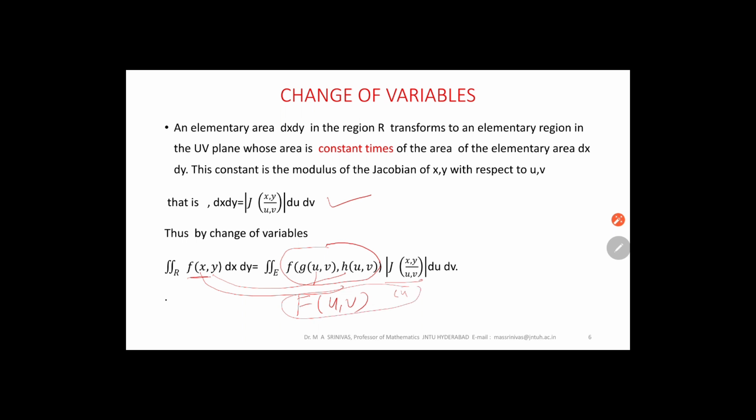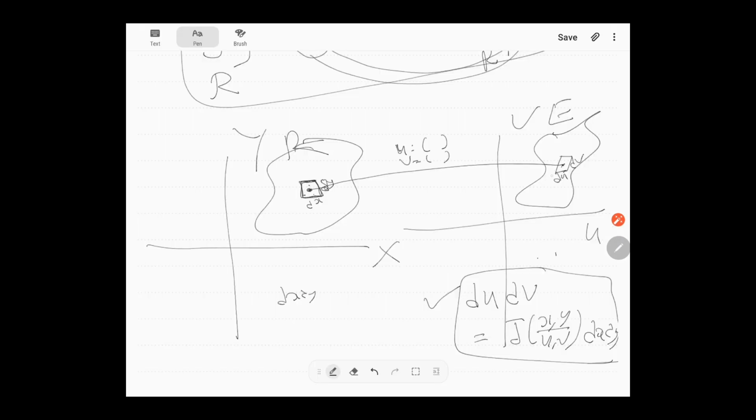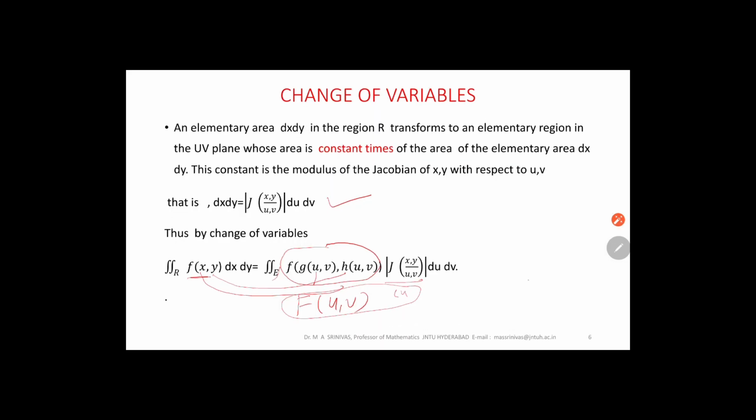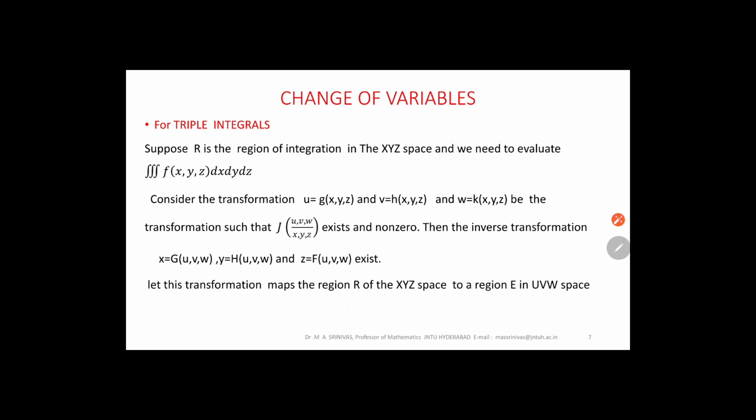So this entire one is a function of uv, times du dv. The regions in the xy plane and uv plane are R and E respectively. Whatever region you get in the uv plane, on that region we need to find the integrals, and on this region you need to find the limits of integration. So this is what the change of variables is.